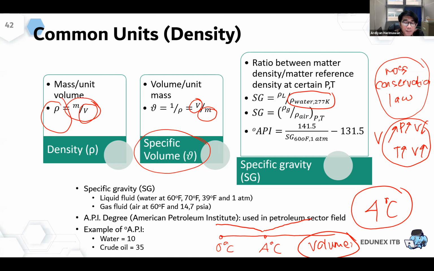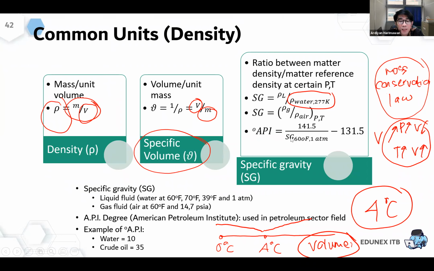So that's some specific behavior of the water. That's why in some calculations, the specific gravity is done by calculating at 4 degrees C.